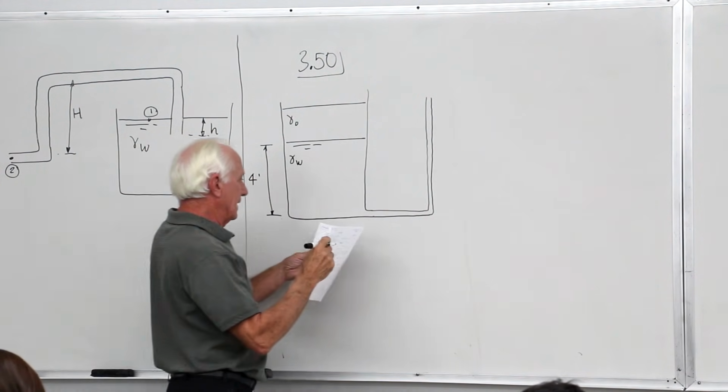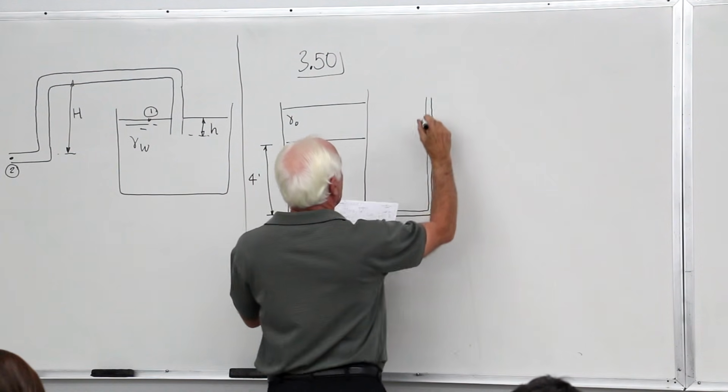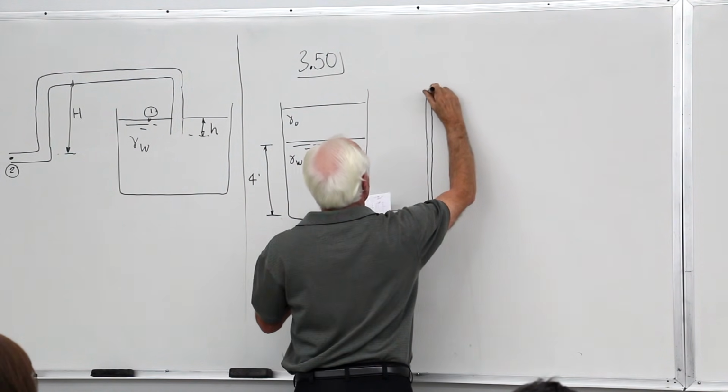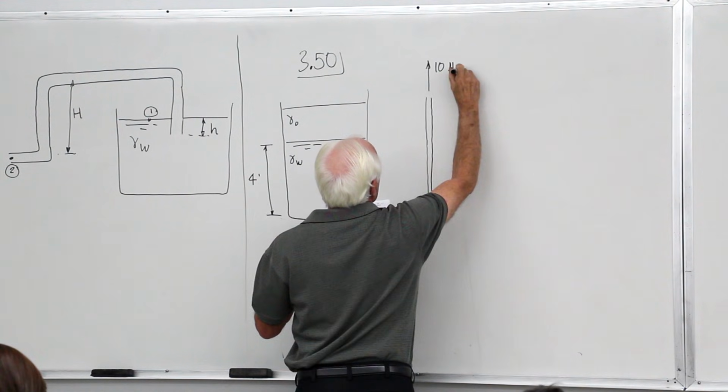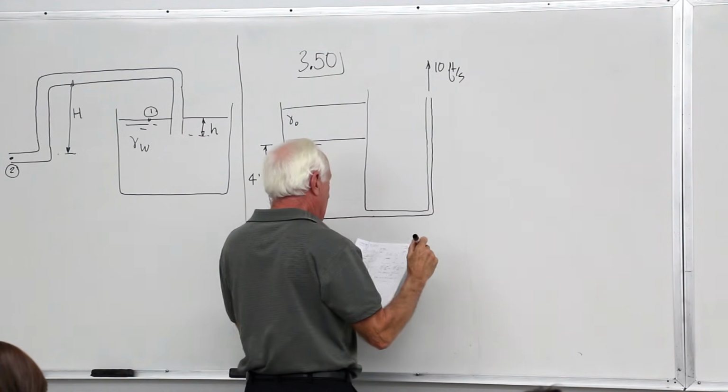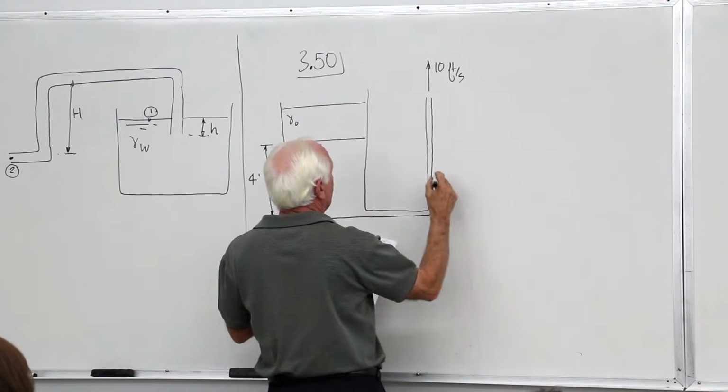And there's a nozzle up here where the water comes out at 10 feet per second, and we know that's 5.